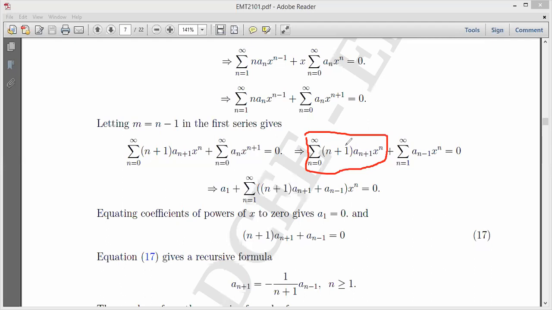I'll have a 1. There is a multiplication here that is times my n, which is 0. So I'll have a 1. Then x is 0, this will give me x to the 0. So this one comes when I substitute n equal to 0. So I have a_1, since n is 0, this x is to the 0, I have 1.